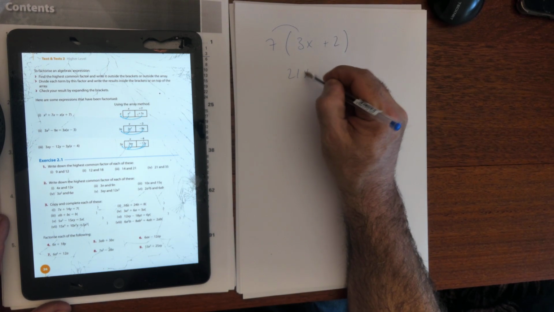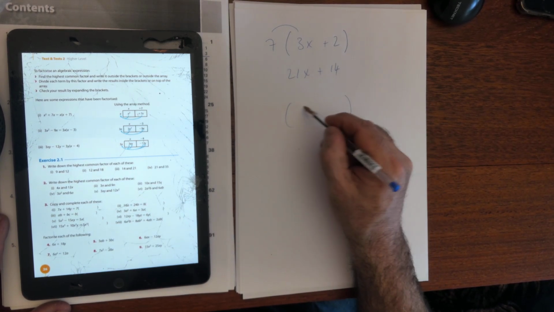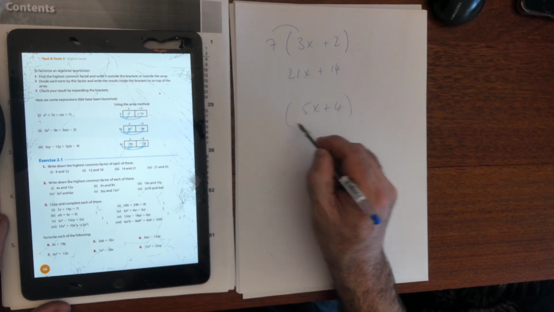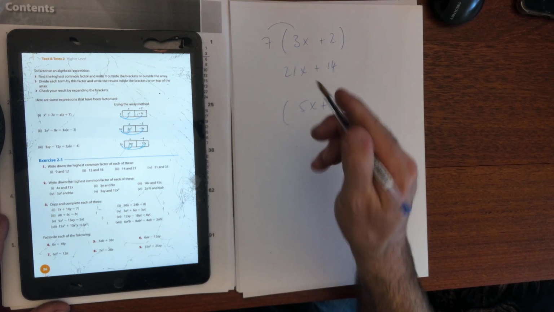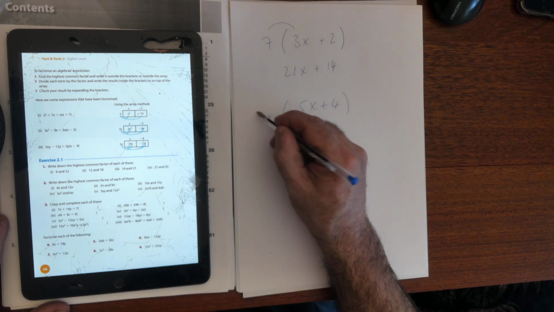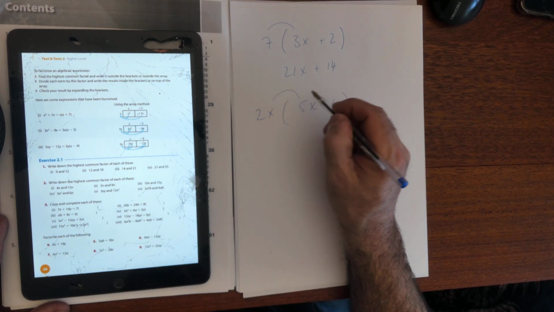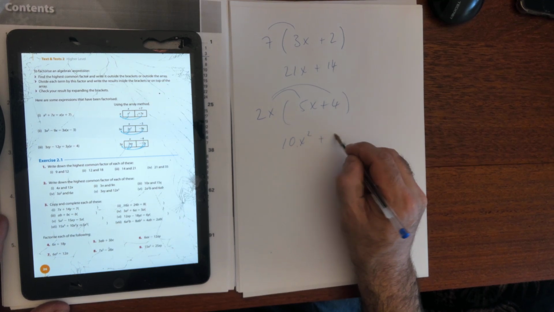We get 21x plus 14. Or if we multiply a linear binomial in x by an x term, let's make it 2x, then distribute your multiplication, we would get 10x squared plus 8x.